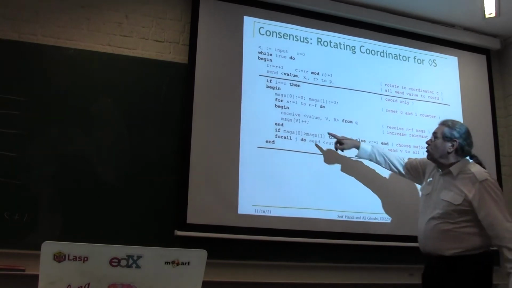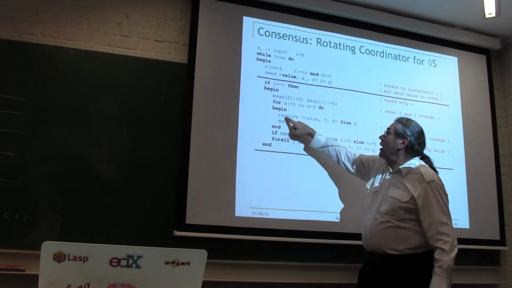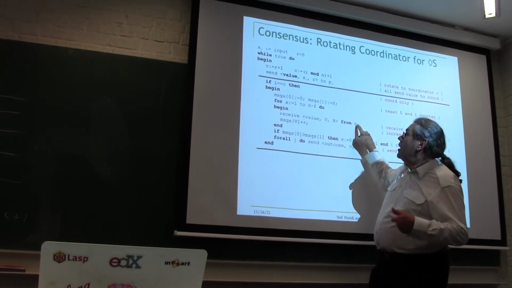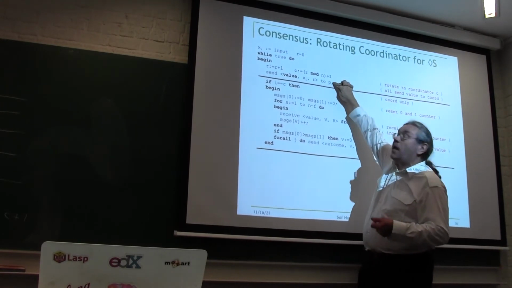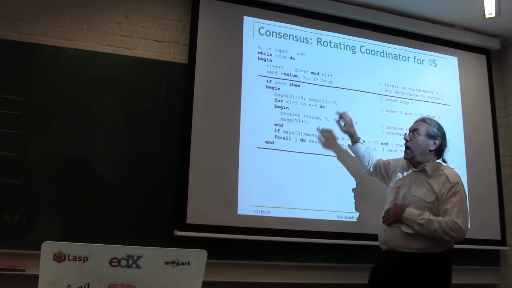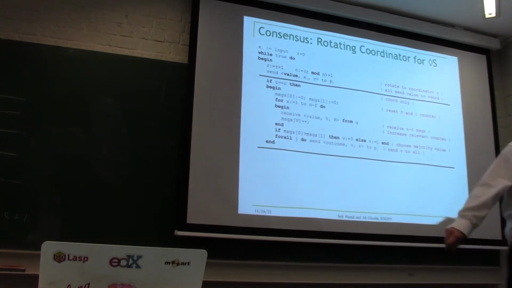Now I'm going to receive messages from other nodes. The trick is, notice that I'm sending n messages here, but I'm not receiving n. I'm only waiting for n minus f. That's important.